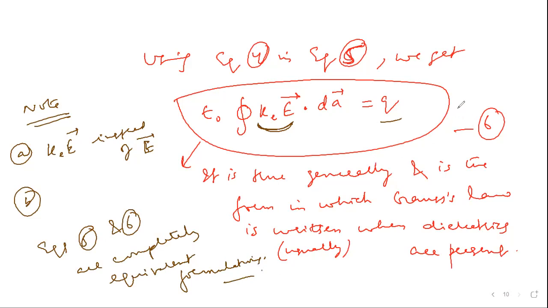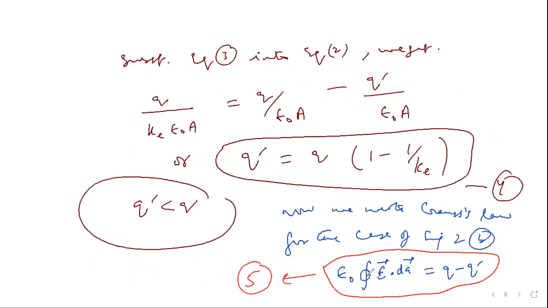You can write Gauss's law when dielectric is present using equation 6. It is in terms of only free charge, but there is dielectric constant in the integral on the left hand side, or you can write it in terms of equation 5. There is no dielectric constant on the left hand side, but there is, in addition to free charge Q, an induced surface charge on the right hand side of this equation, right?